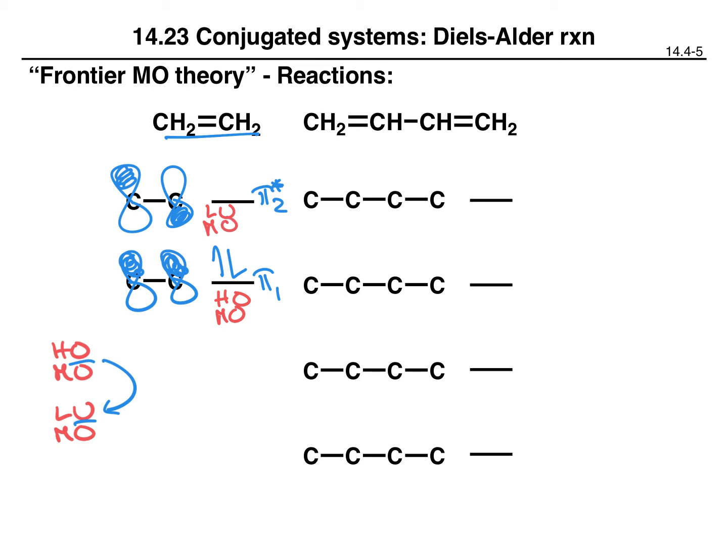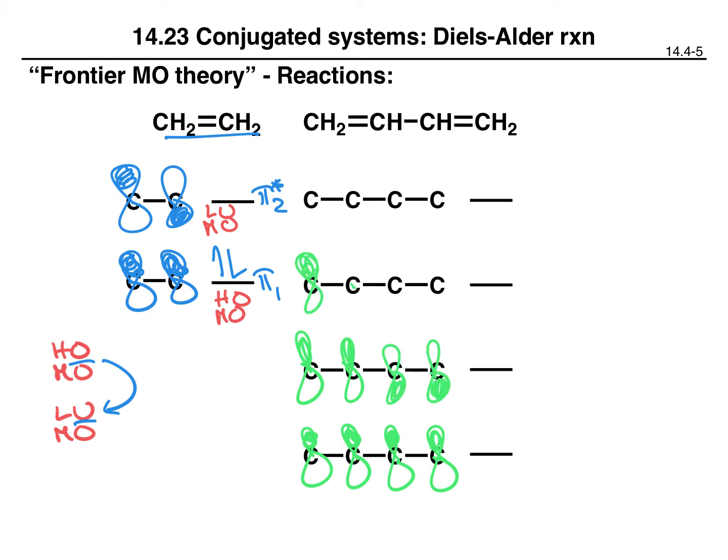Now, if we look at butadiene, we have four p orbitals, so they can be all up. You could have two up and then two down, one up, two down, one up, one up, one down, one up, one down.